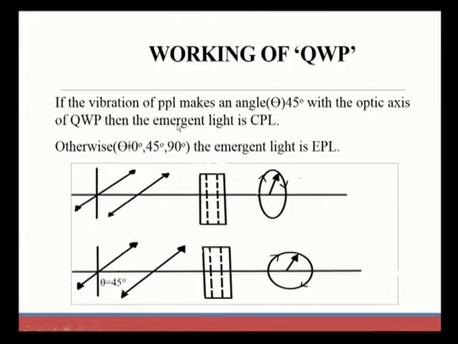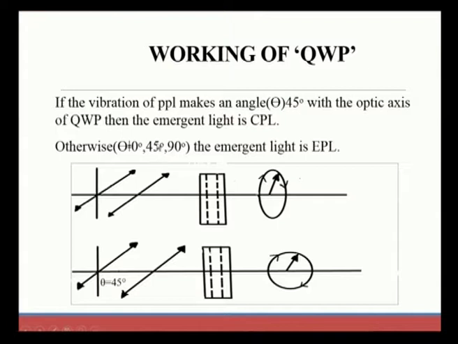So, the working of a QWP has to meet some conditions so that we can get a CPL or EPL. If the vibration of the PPL makes an angle theta of 45 degrees with the optic axis of the QWP, then the emergent light is CPL.